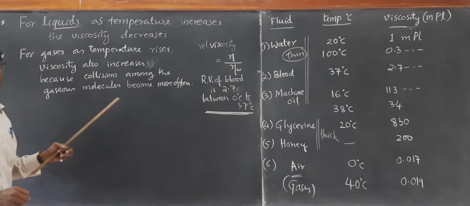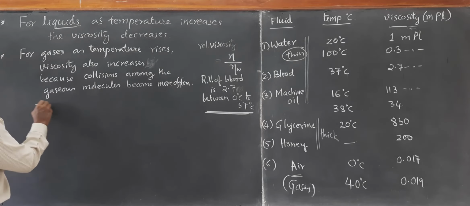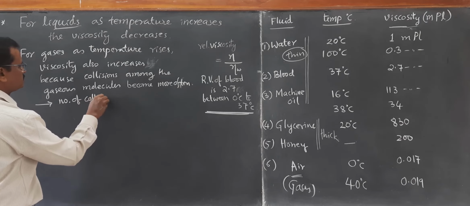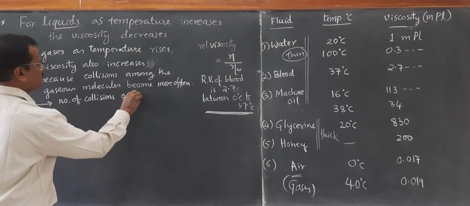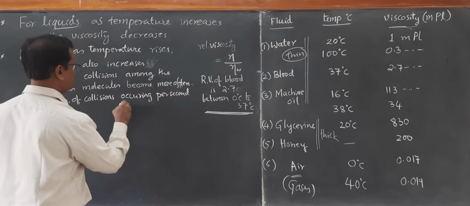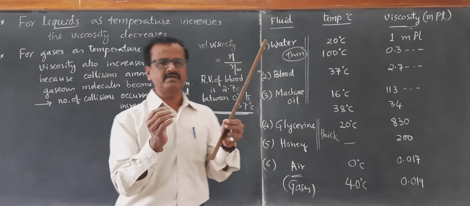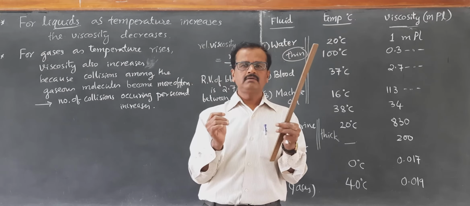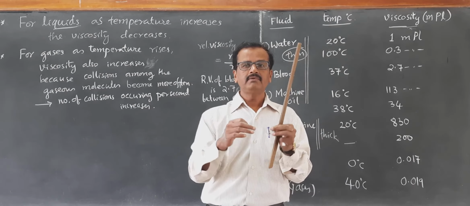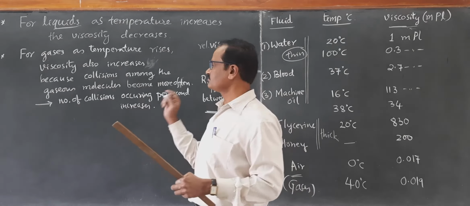Means the molecules collide more often. The number of collisions occurring per second increases. That is what we can say. As the number of collisions of gaseous molecules increases, the gaseous state becomes more thick and viscosity increases. This is how we explain it for gases.